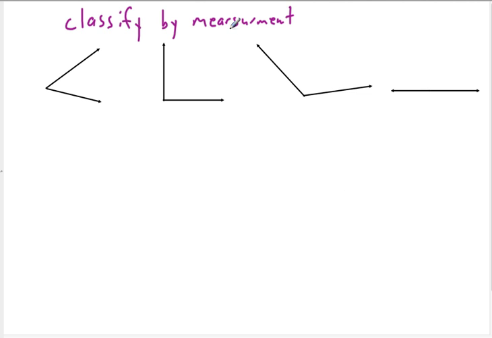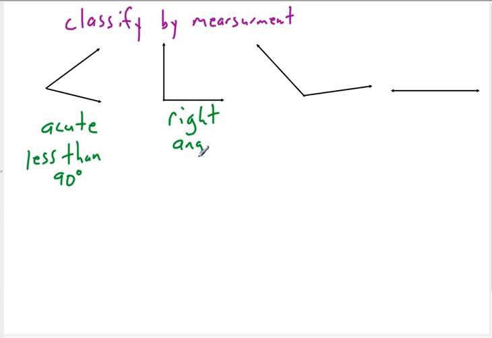So there's ways we can classify angles by measurement. This here is an acute angle, and that means it is less than 90 degrees. This here is a right angle, and that means it is 90 degrees exactly.